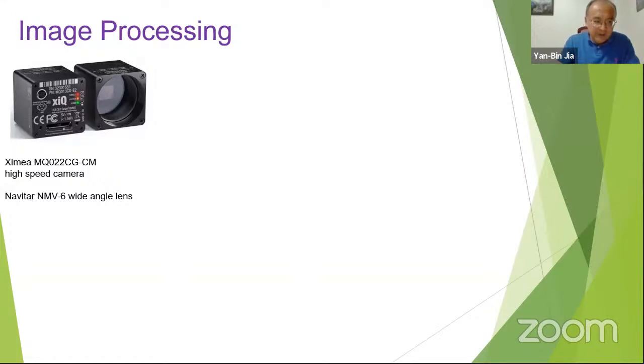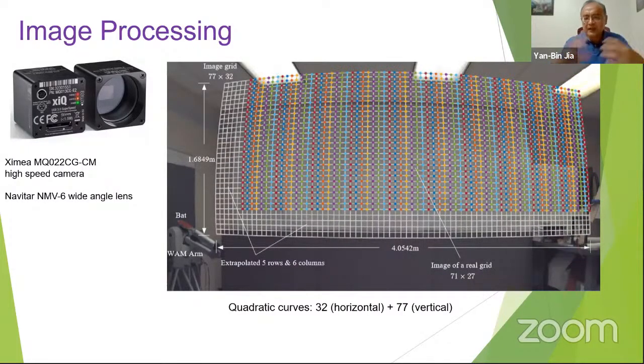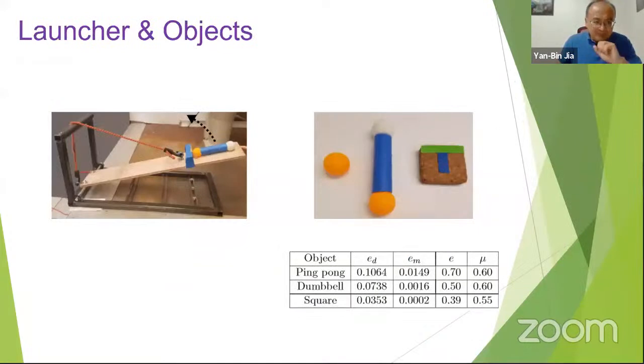The camera we use, this is hardware, is a Ximea high-speed camera that can take up to 1,000 frames, even though you get only very small image frames that way. Because our flight is in the plane, we are able to use this image grid to calibrate it and get very accurate results.